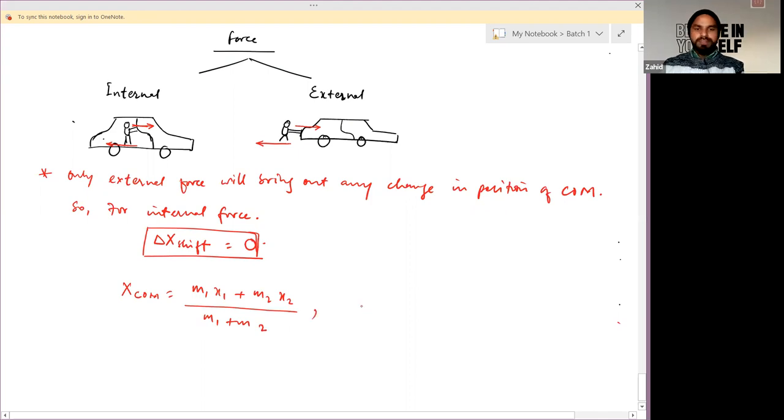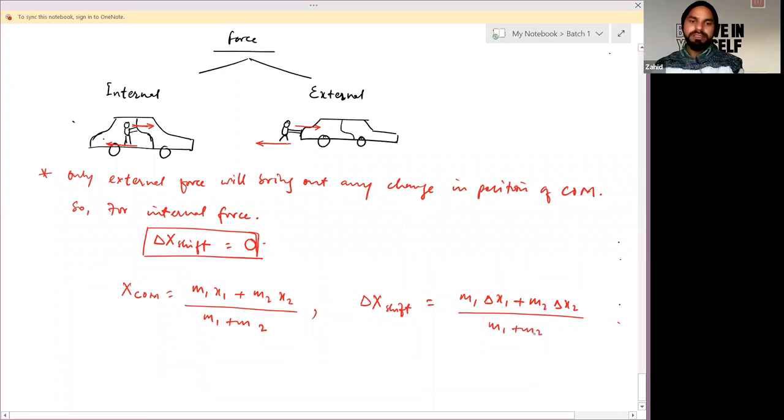So using this, you may write delta x, the shift in center of mass, equals m1 delta x1 plus m2 delta x2 divided by m1 plus m2.